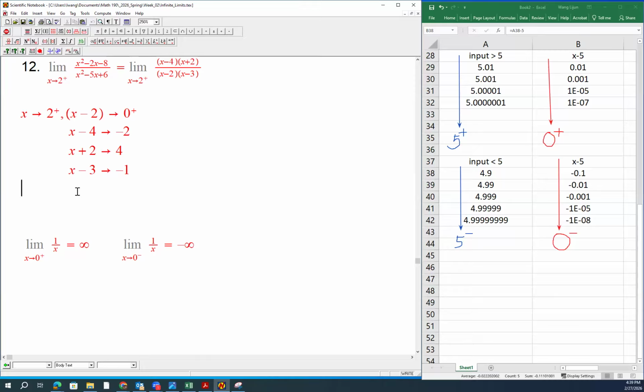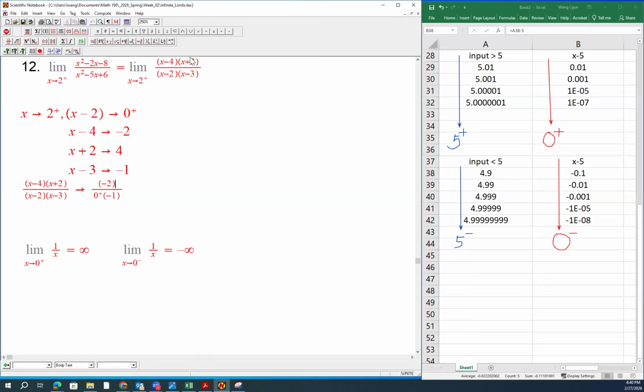So what happened is this quantity, right? As you take a close look, the whole thing, as you write it down, approaches x minus 2 is going to be approaching 0 from larger than 0. X minus 3 is going to be approaching negative 1. And x minus 4 is going to be approaching negative 2.